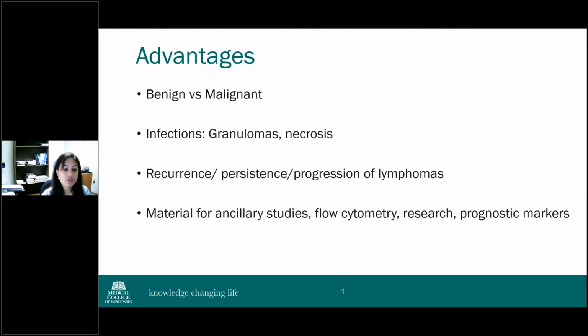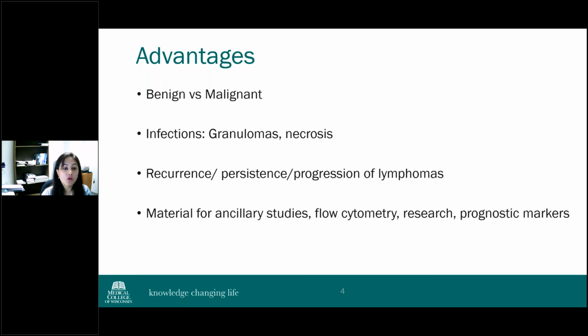For samples which predominantly show granulomas or show cytomorphologic features that would point towards an infectious etiology, that is also helpful to know, to let the clinician know on site so that appropriate material can be taken for the microbiology studies or serology studies as needed.